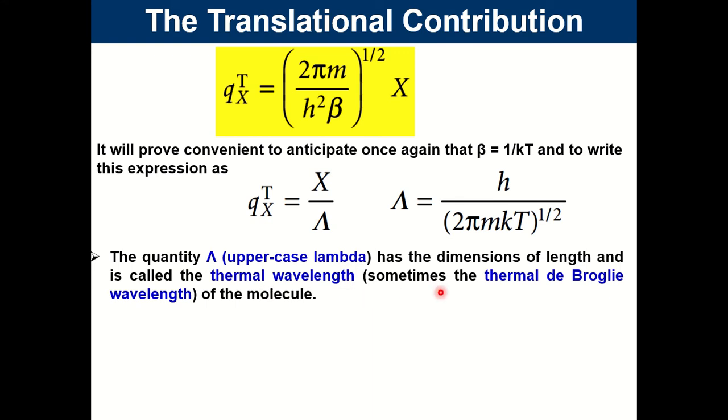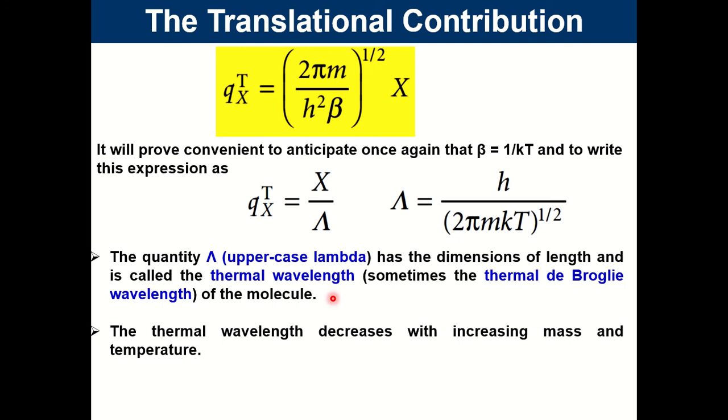This is similar to the de Broglie wavelength. We call it the thermal de Broglie wavelength, or simply the thermal wavelength of the molecule. Now you can see a simple relation: it has an inverse relationship with the partition function.